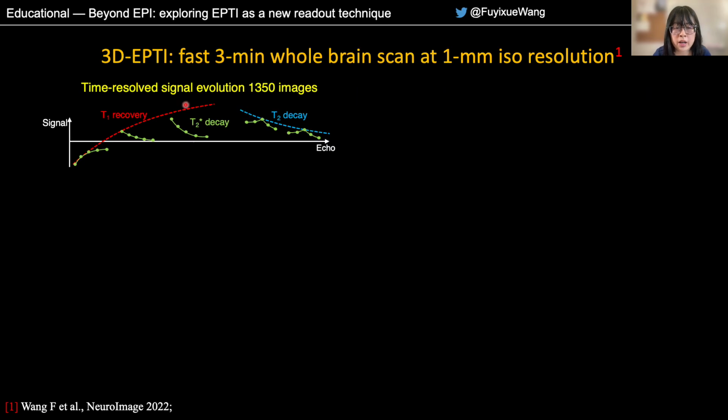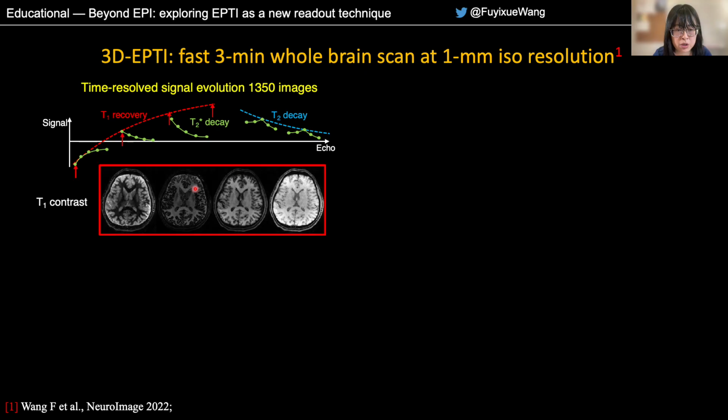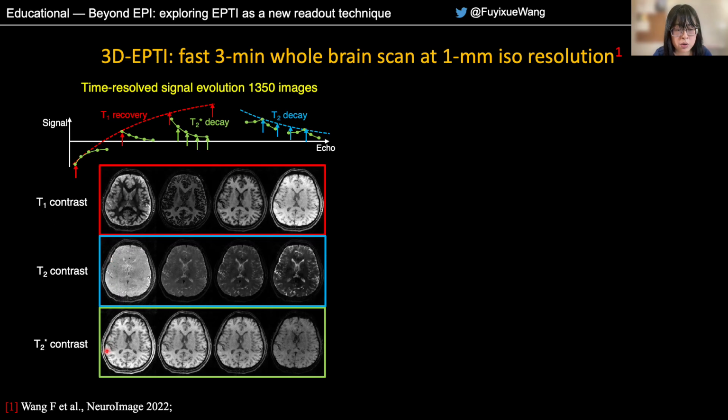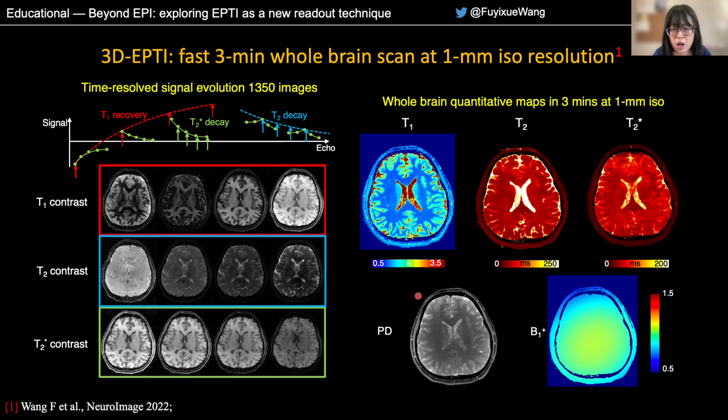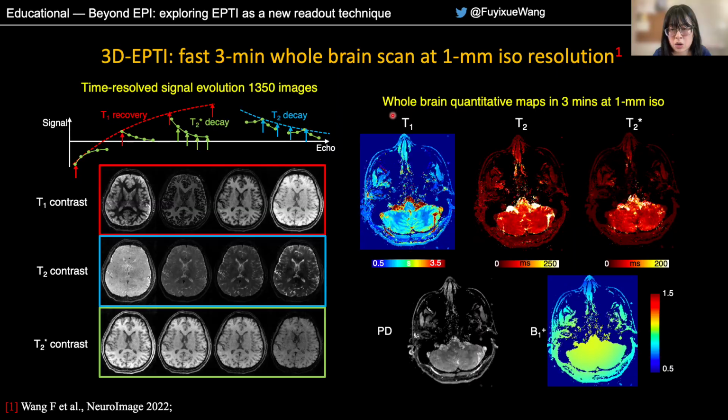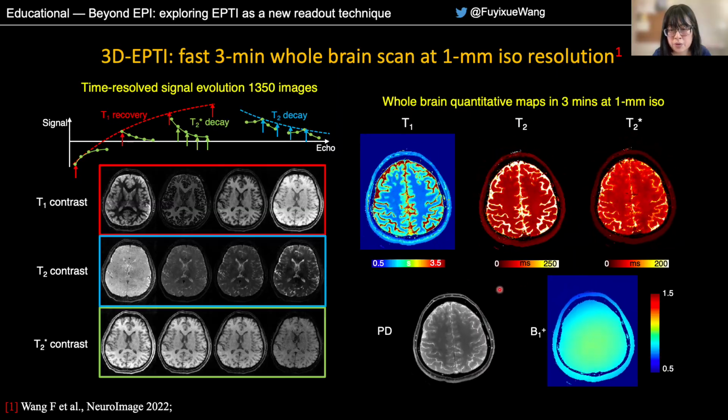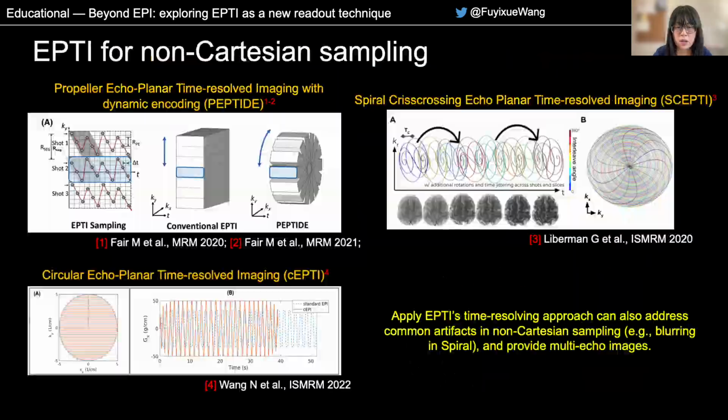And with the high acquisition efficiency, it can achieve a fast 3-minute whole brain scan at 1 millimeter isotropic resolution, where images with different T1, T2, and T2 star contrasts are resolved, from which we can get whole brain quantitative maps with very fast speed.